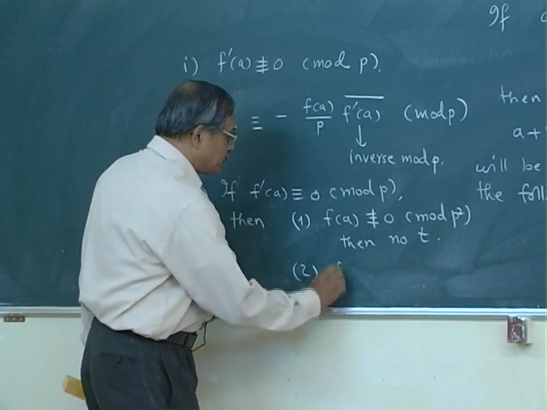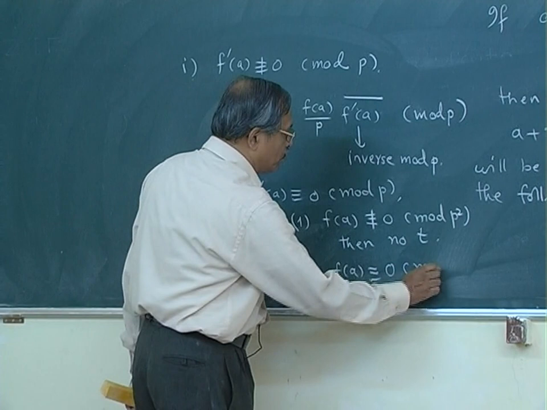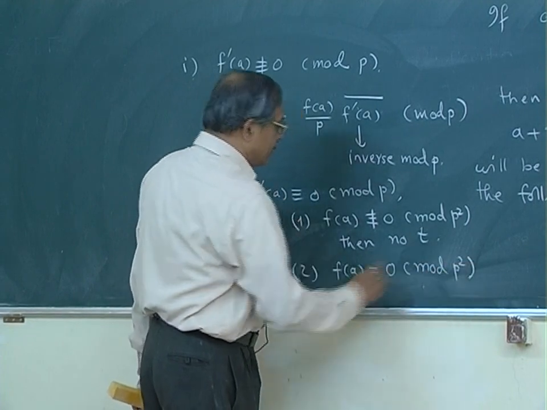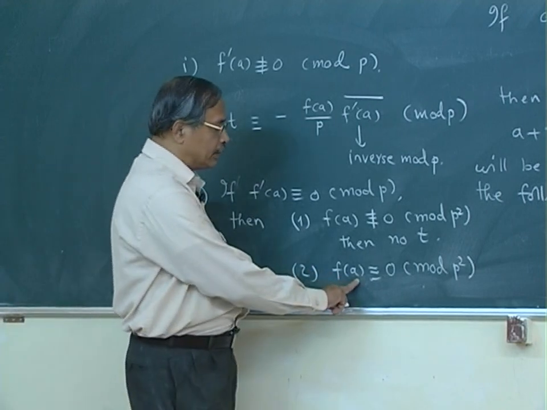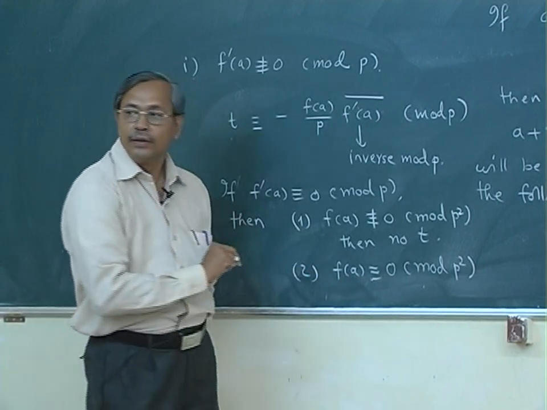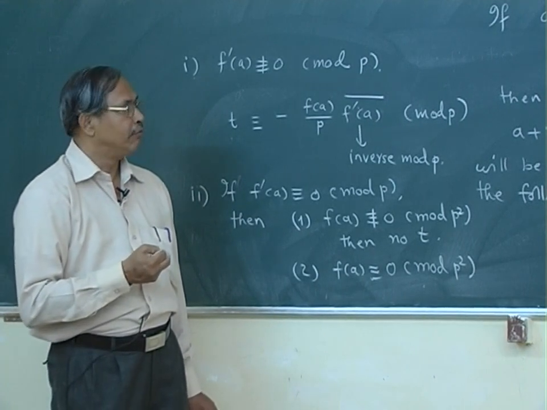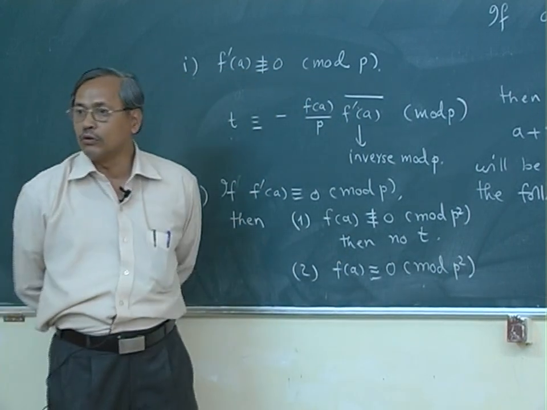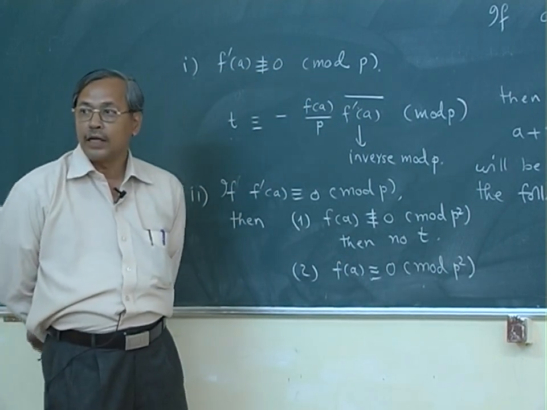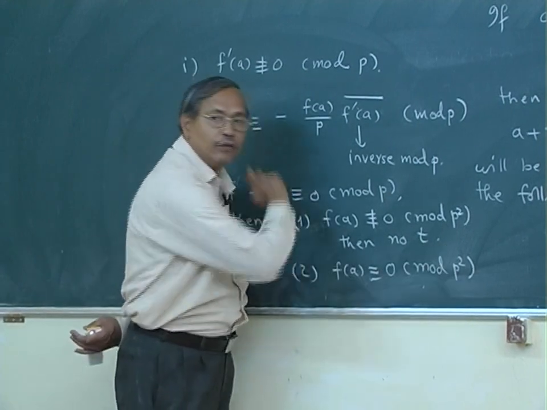And suppose f(a) is congruent to 0 mod p square. That means a is a solution not only mod p but also mod p square, right? We are assuming a is a solution mod p. That means f(a) is congruent to 0 mod p. We are assuming further that f(a) is congruent to 0 mod p square also.